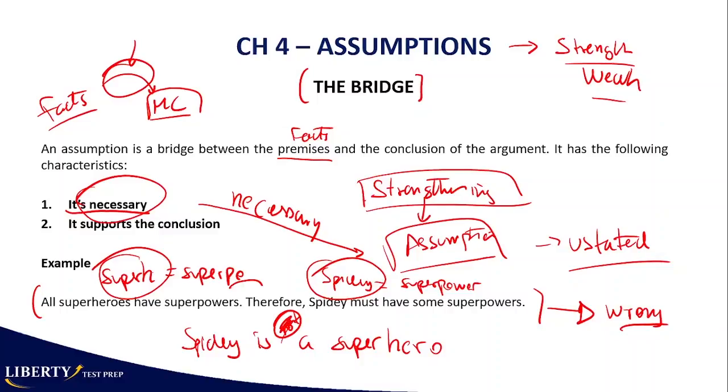It hasn't been mentioned by the author, but it has been assumed by the author in order to provide this conclusion. Now, if I go there and try to break the assumption, I negate it, I invert it to Spidey is not a superhero, then that conclusion would suffer, okay?